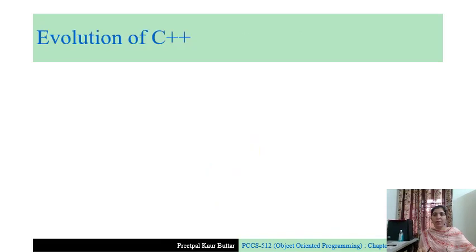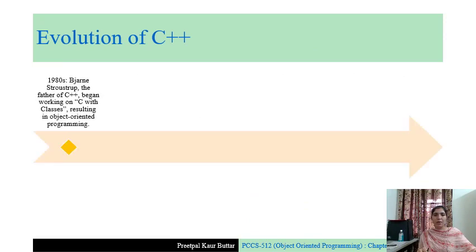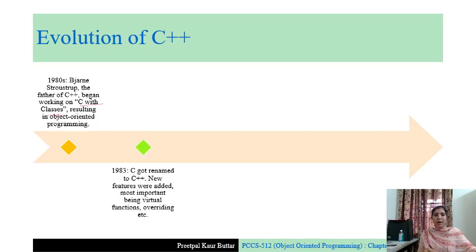Now we will briefly discuss the evolution of C++. The evolution of C++ began in the 1980s when Bjarne Stroustrup, the father of C++, began working on C with Classes, and it resulted in an object-oriented programming language. Then in 1983, C with Classes got renamed to C++.